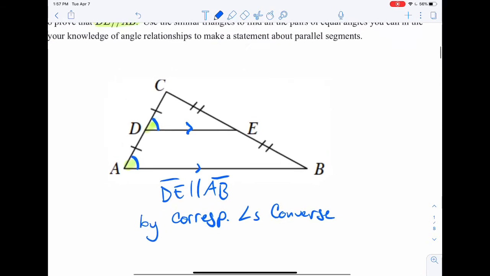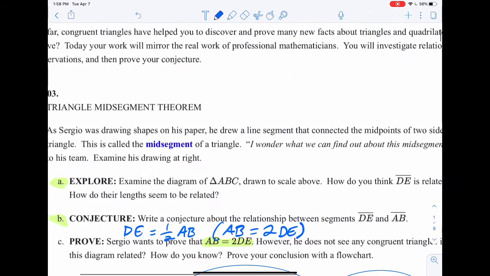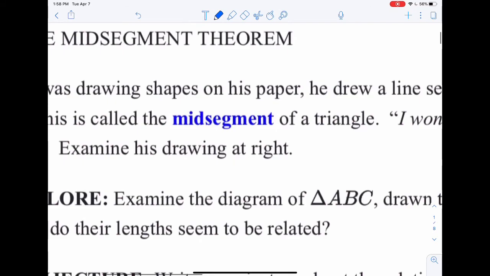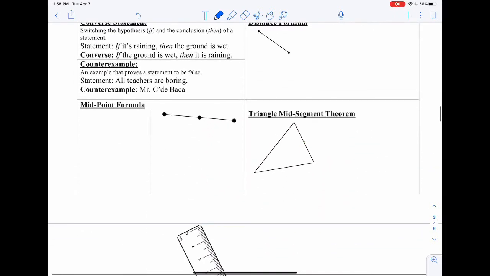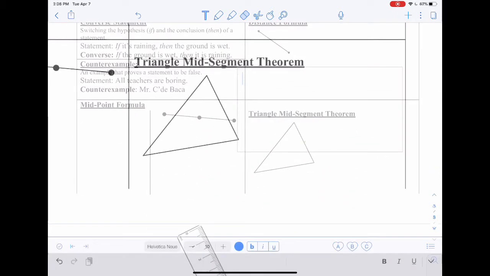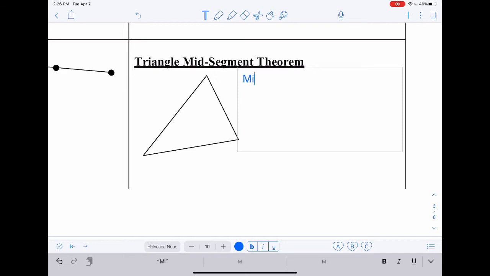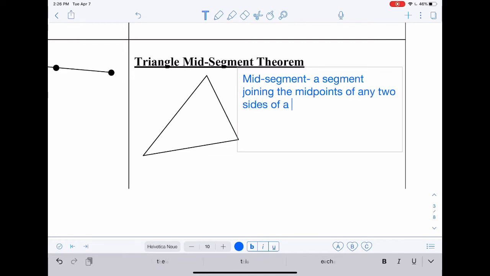Let's add this now to our toolkit for the entry on a mid-segment. This is on the second page of your toolkit at the bottom. Let's start by defining a mid-segment, which is the segment joining the midpoints of any two sides of a triangle.